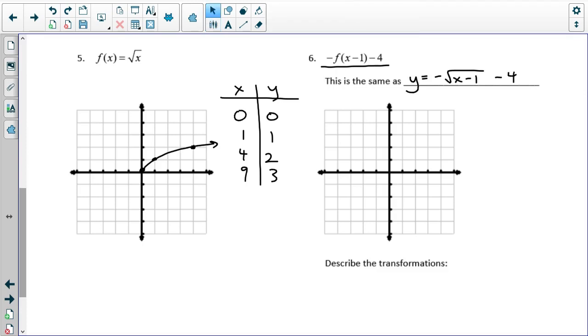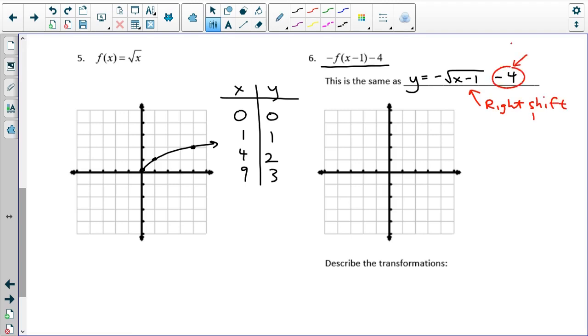What we would assume, based on our notes, is that I'm going to have a right shift of 1, a down shift of 4, and this a value is negative 1, which means that I would assume that it doesn't really stretch or shrink at all, but it does.